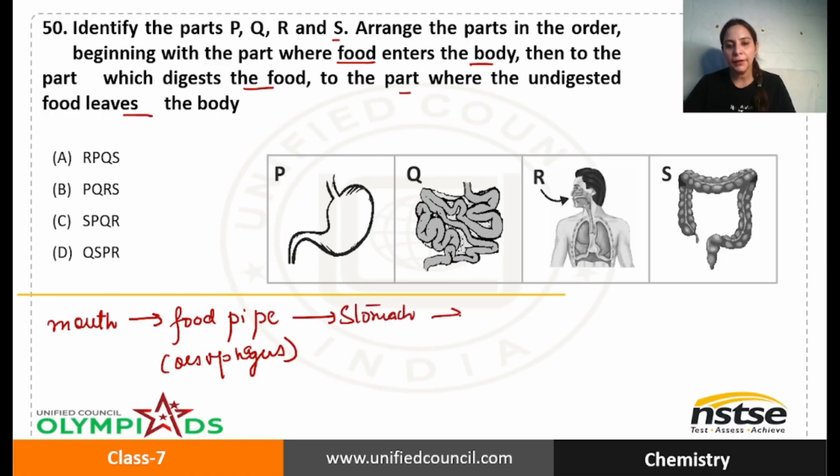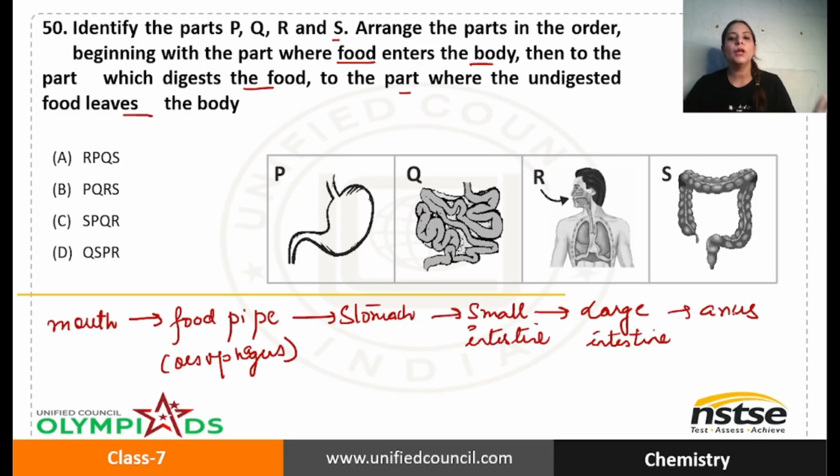From the stomach, it moves to the small intestine, which is the largest part of the alimentary canal. Small intestine leads to large intestine, and then finally through the anus, food is thrown out.